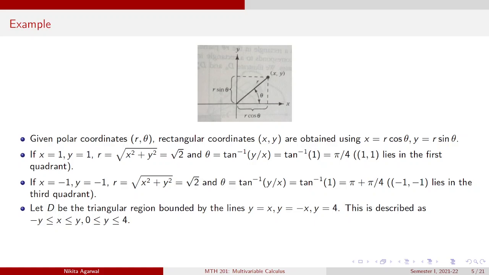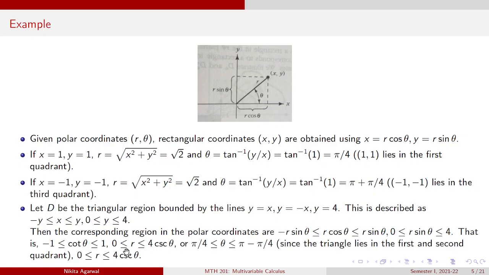I would like you to draw this picture in R2, the region D. This region is actually described as minus y less than or equal to x less than or equal to y, right? Because it's bounded by these two lines. And y lies between 0 to 4. Okay, so you can check that this is indeed the region.